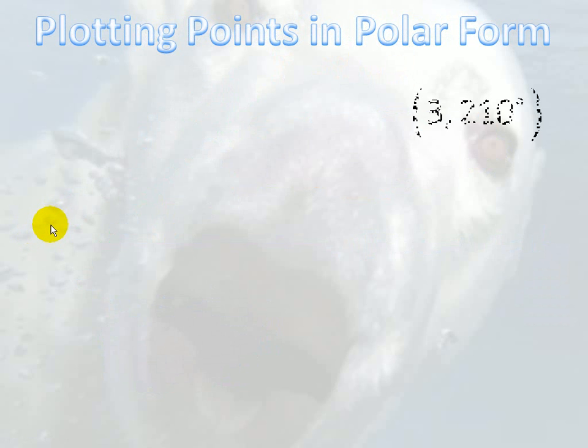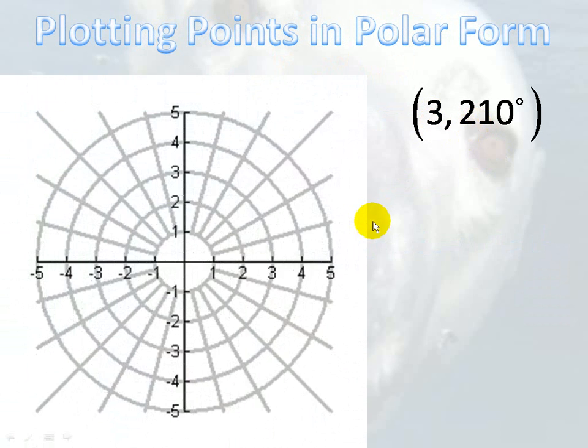Now let's get right into plotting polar coordinates. Let's consider this point, these polar coordinates: r is 3, and theta is 210 degrees. Now what I want to use is a polar grid. It's a little bit different from the rectangular grid that you're accustomed to. The rectangular grid, remember, has the x and the y-axis, and then intersecting horizontal and vertical lines forming little rectangles. Here, instead of little rectangles, we have concentric circles.